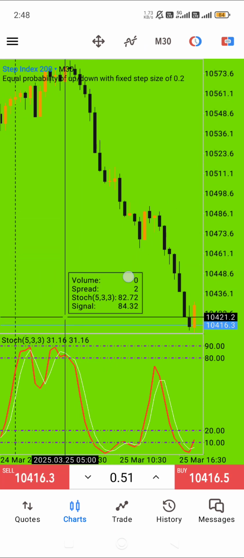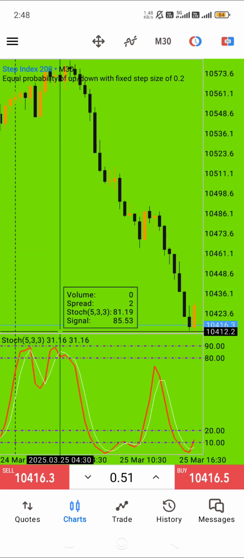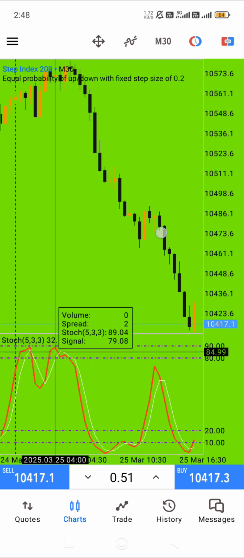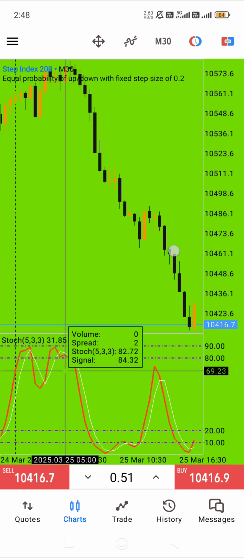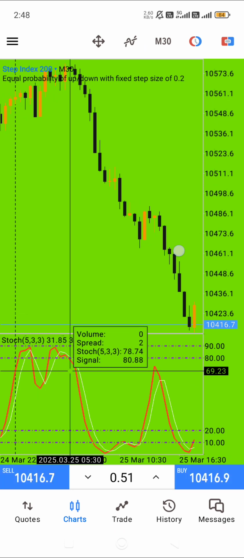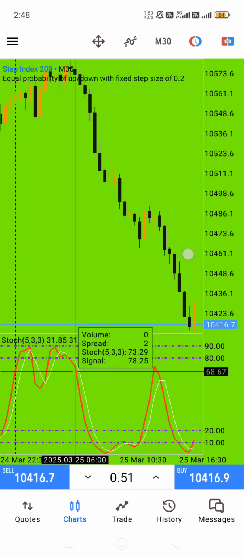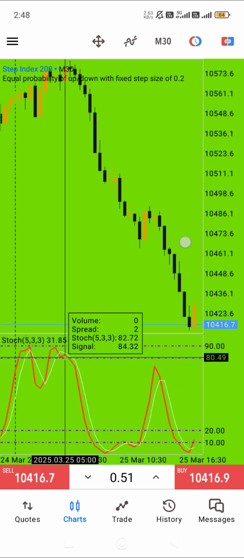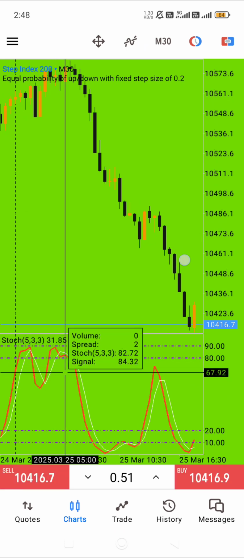Just check this, 80 and 90, both levels cross the line and cross to the downside. Same thing here, it crosses the 80 and 90 level, then goes to downside. This crosses the 80, that means you follow this candle.